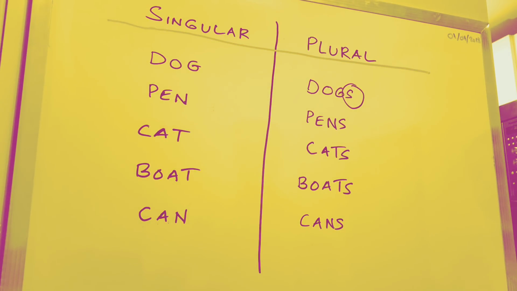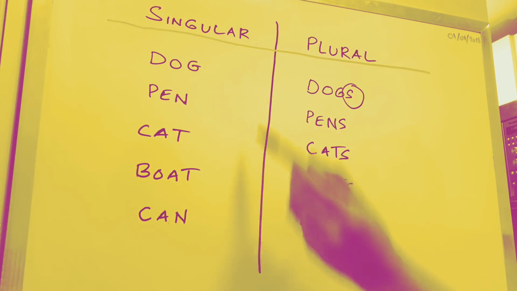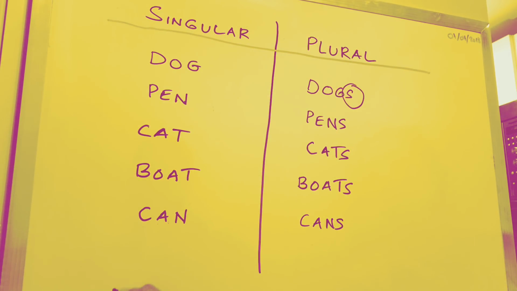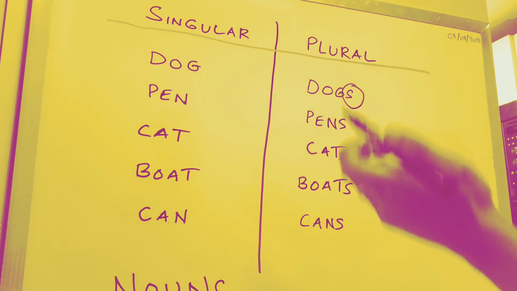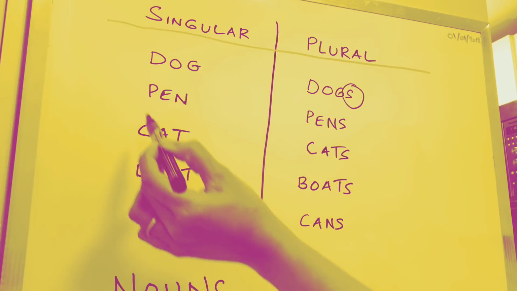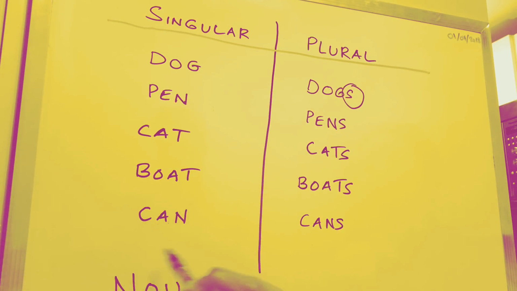Okay, so all these words that I've written are called nouns, right? A noun is a word used to identify any of a class of people, places, or things, or to name a particular one of these, proper nouns. So these are almost like objects or living things, right?